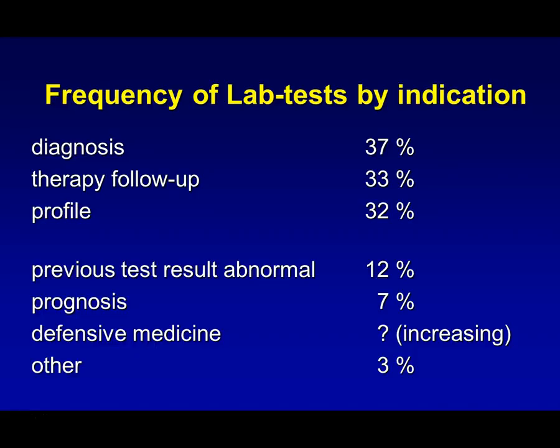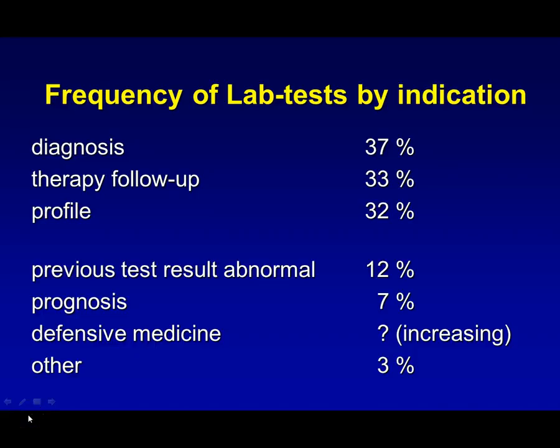Very close to therapy follow-up is that the previous test result is abnormal. This also means follow-up, which as told before can be because there is a high risk and there was a small increase or decrease of the test outcome. Sometimes lab tests are used for prognosis of patients, which tells that if the outcome is very deviant from normal values, the prognosis may be worse.